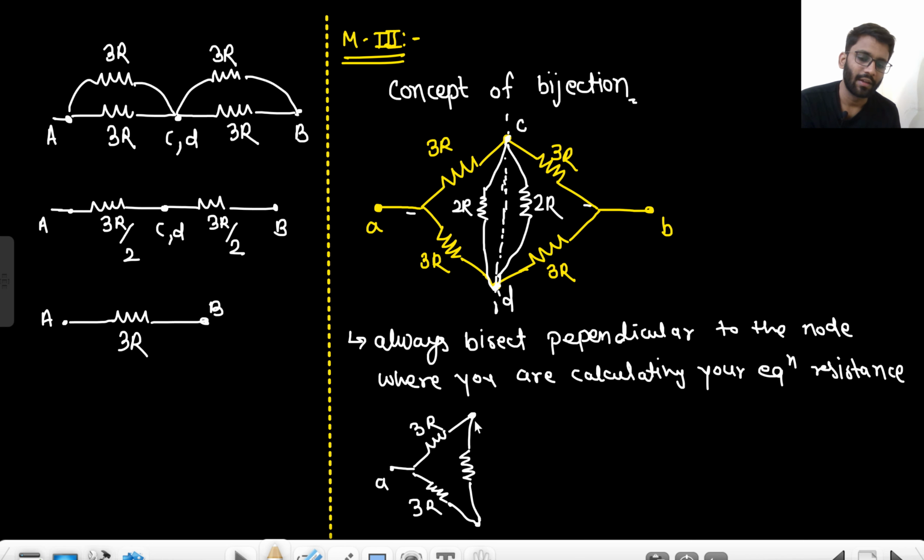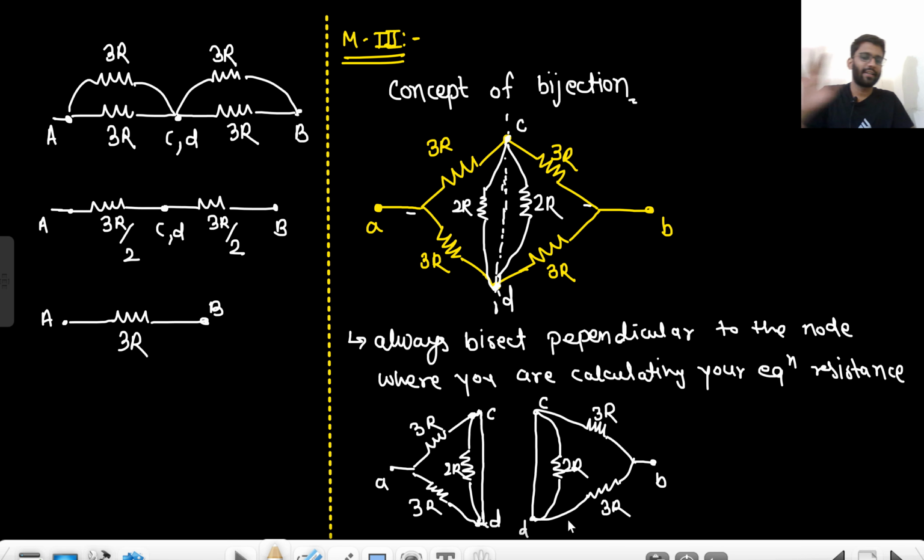Now I have bisected these two points C and D, so I will connect them. C and D are connected all together. The same circuit will be happening at this side. So I bisected it like this.